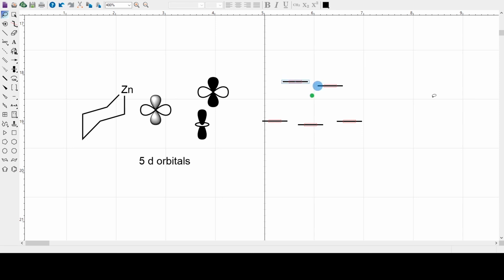For example, if you bring another orbital, a P, you should respect the symmetry, okay? This one and this one clash. No, not good.